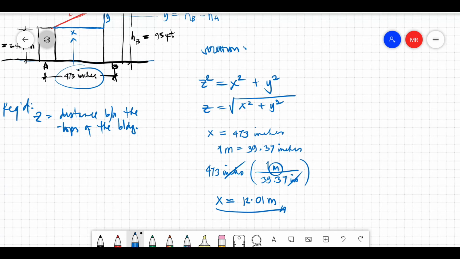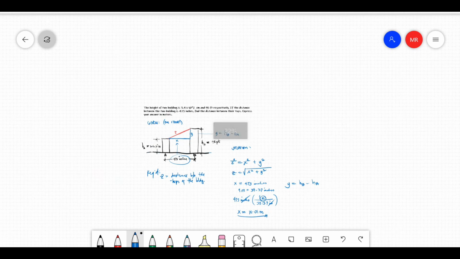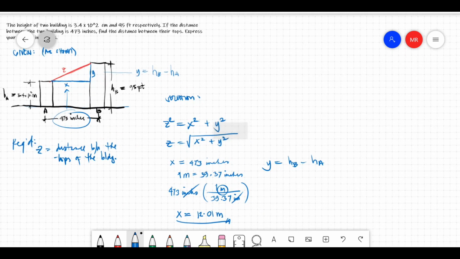How about for Y? Again, Y is HB minus HA, but HB is in feet and HA is in centimeters. So we need to convert those two into meters.